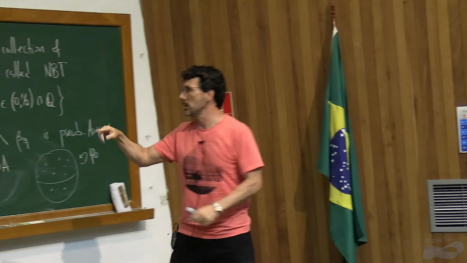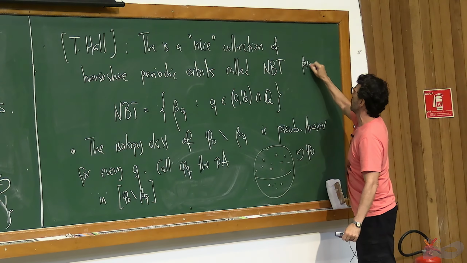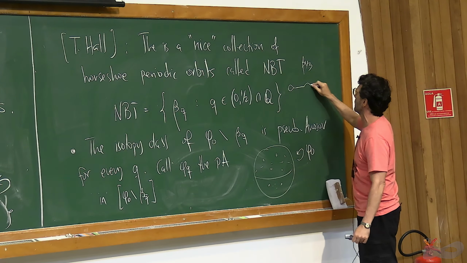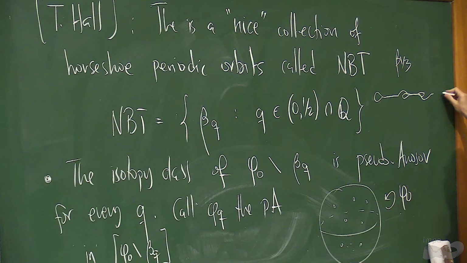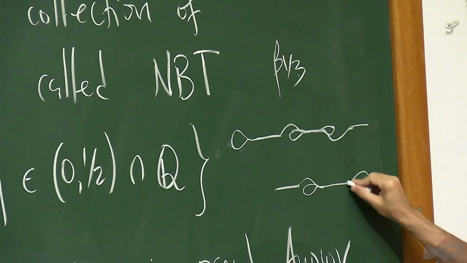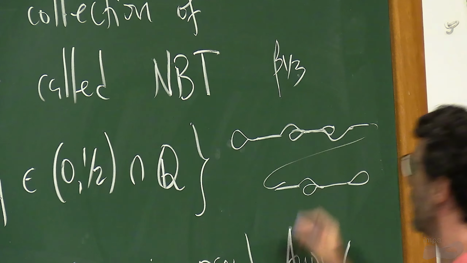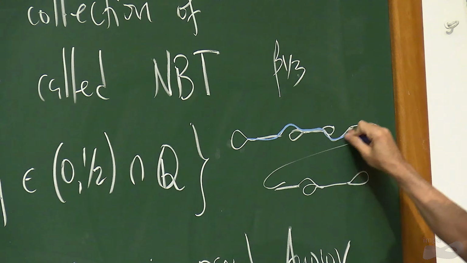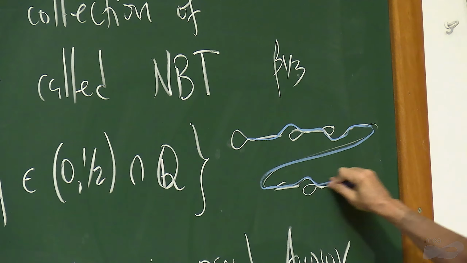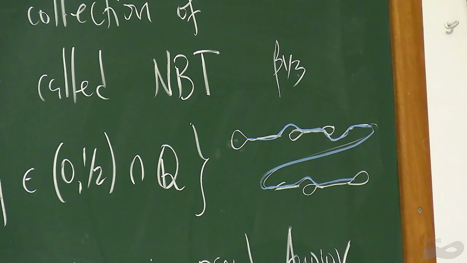For example, for beta 1/3, the train track is something like this, and then it continues here because I ran out of space, like this and like that. There are loops involving the punctures, but aside from that, these train tracks are straight line segments.